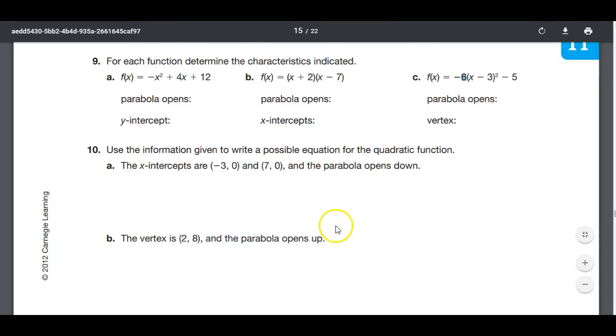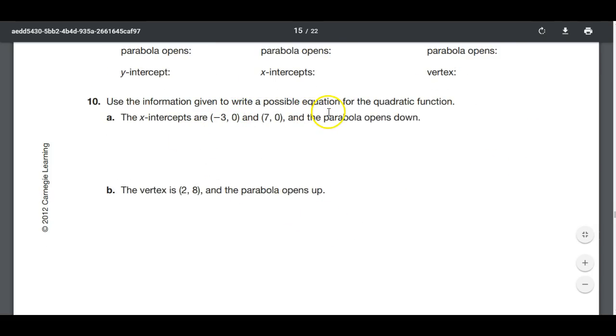Use the information given to write a possible equation for the quadratic function. The x-intercepts are negative 3, 0 and 7, 0, and the parabola opens down. So we'd add those numbers together, negative 3 and 7, which gives me an axis of symmetry at 2, right?